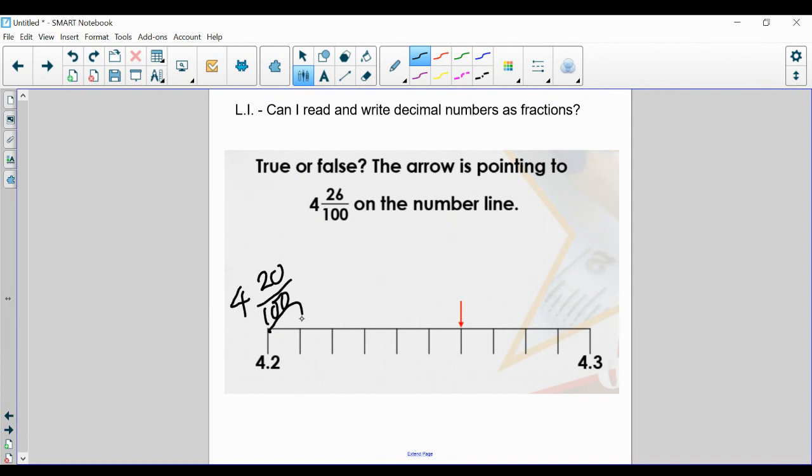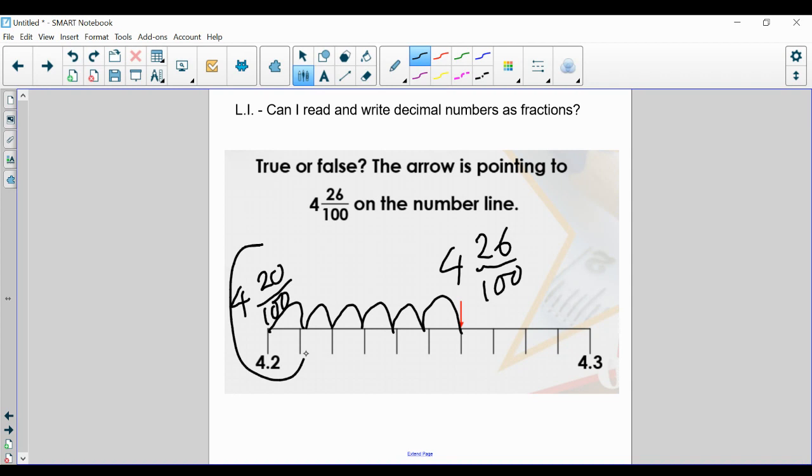So this is going to be 21, 22, 23, 24, 25, 26. So yes, 4 and 26 hundredths. So it's always a good idea to convert so that you're comparing like with like. Yeah, just makes it easier and stops you making mistakes.